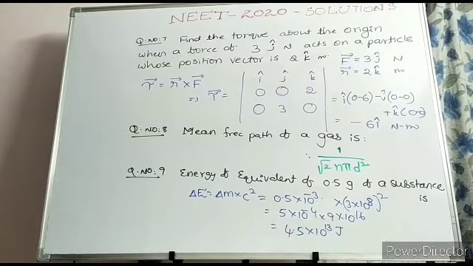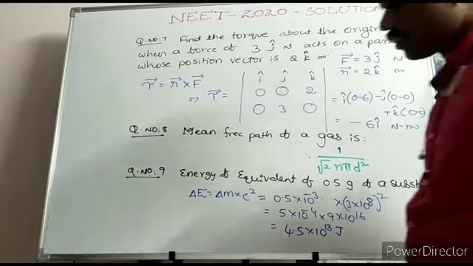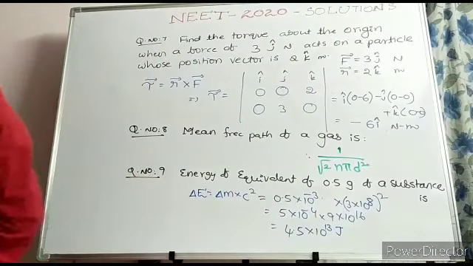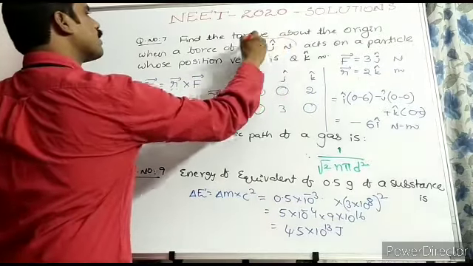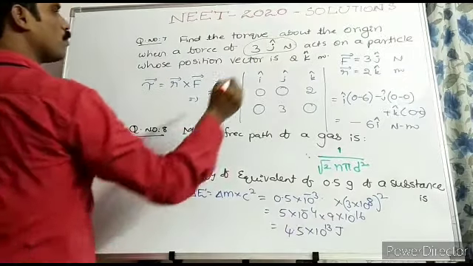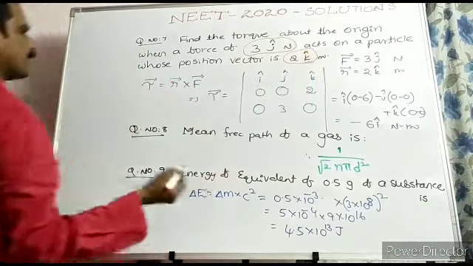Now question number 7. Find the torque about the origin when a force of 3j cap Newton acts on a particle whose position vector is 2k cap. Let us consider here the force given is 3j cap. Position is given, that is 2k cap.